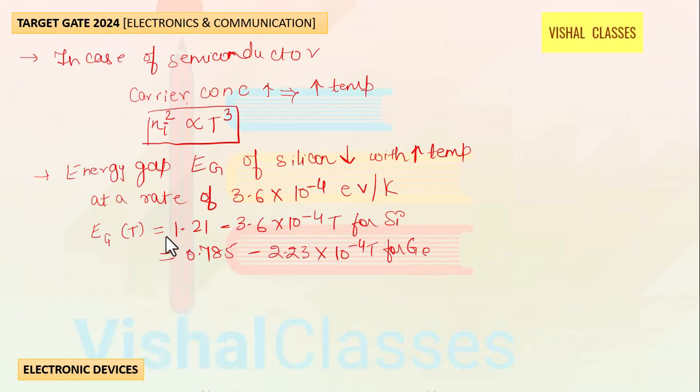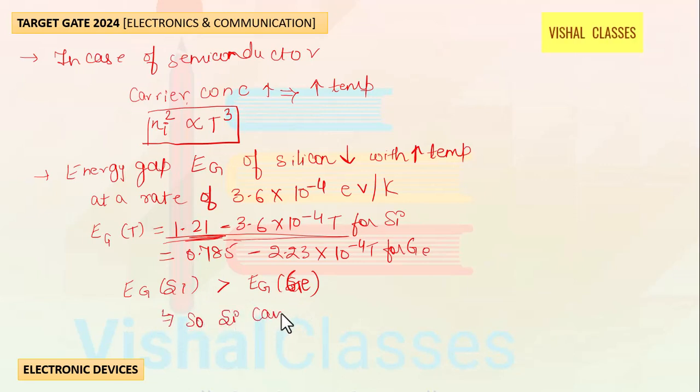The energy gap for silicon is greater than the energy gap for germanium.